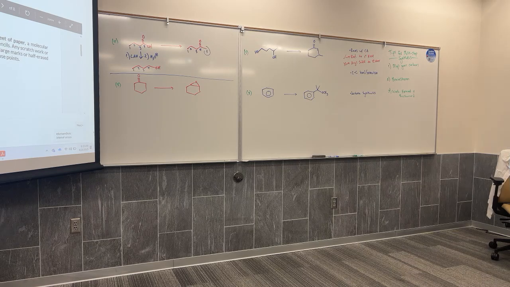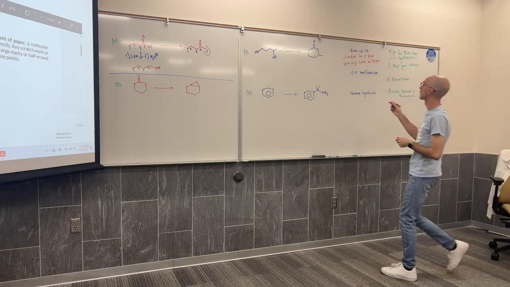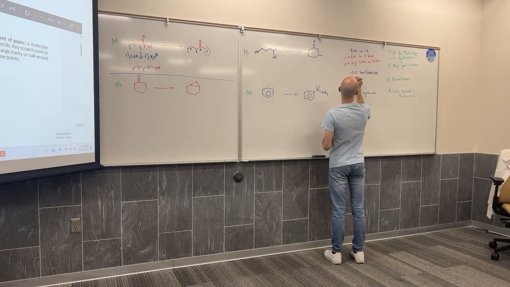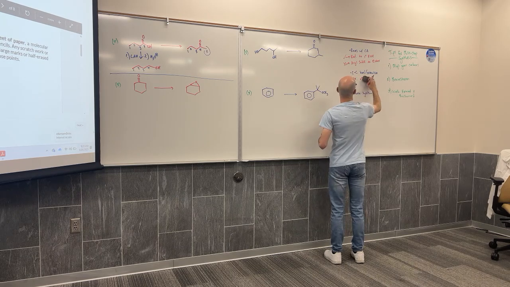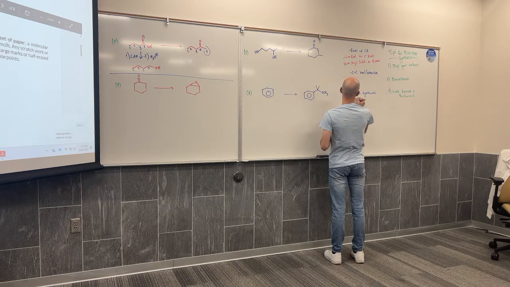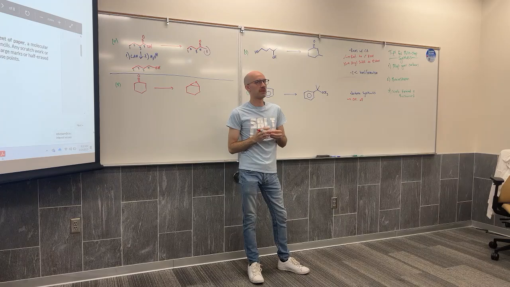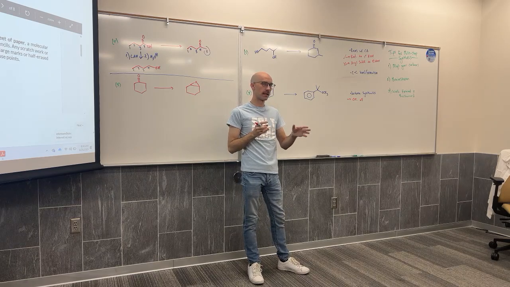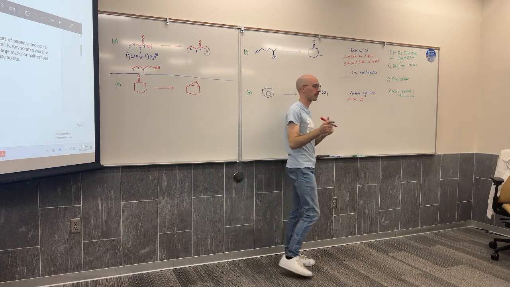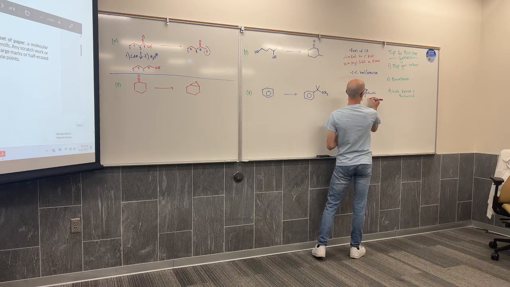The oxidation of alcohols. Good. Oxidation of what alcohol? I think a di-substituted. Di-substituted would be language more for alkenes. I think what you're looking for is secondary. Okay, sure.